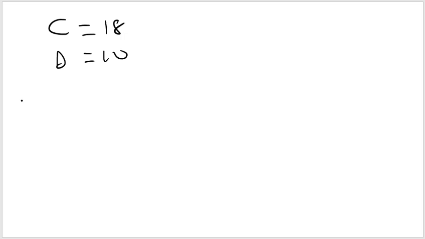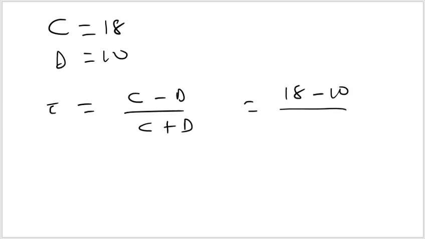So we know that our correlation is going to be equal to C minus D all over C plus D. So our tau is C minus D over C plus D. Then we just substitute 18 minus 10 over 18 plus 10.